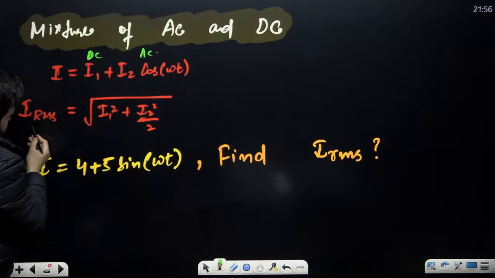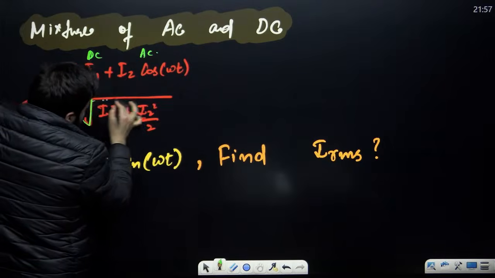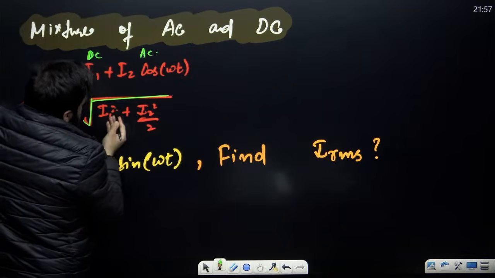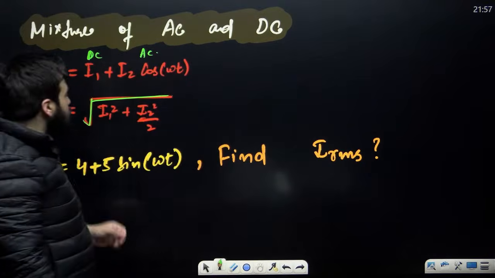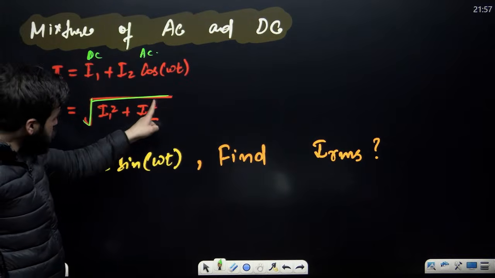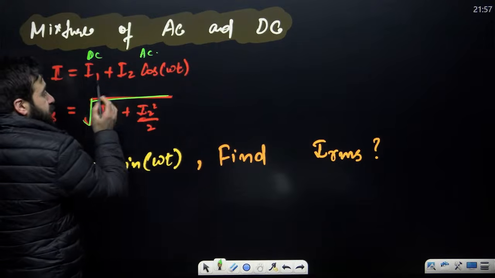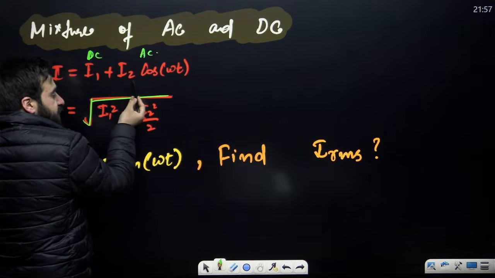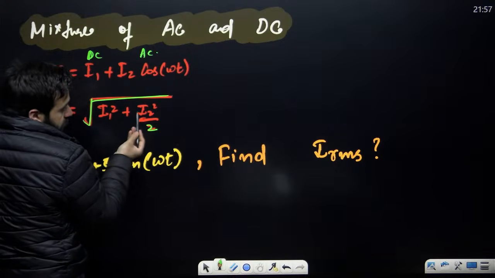If you have to find its RMS value, you'll simply say its RMS value will be the square root of I1 square plus I2 square divided by 2. So keep this in your mind, my dear NEET aspirants: you take the peak value of this AC and divide it by 2. Don't divide the 2 here.